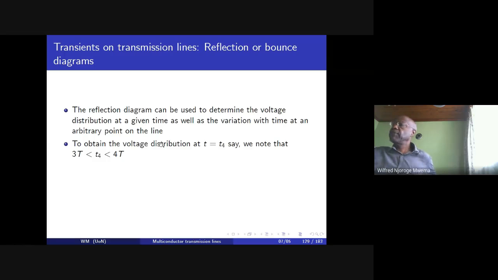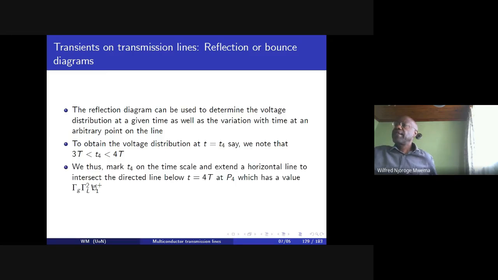To obtain the voltage distribution at, say, time t equal to t4, we note that this time is between the conditions 3T less than t4 and less than 4T.